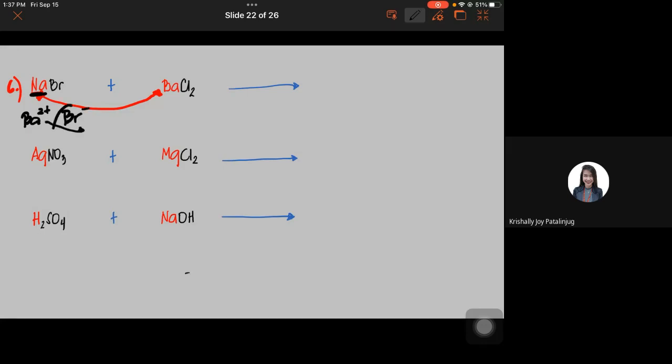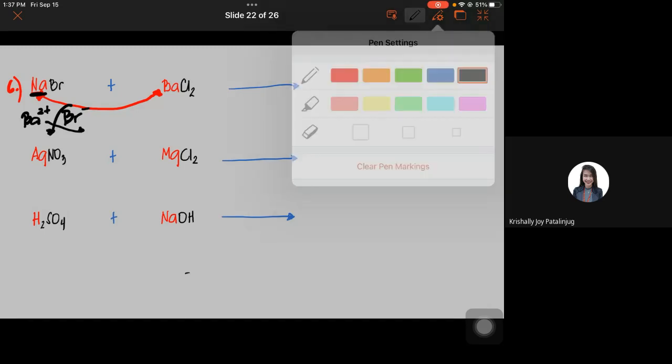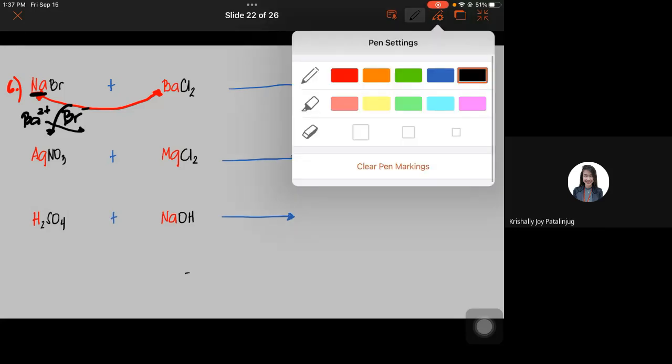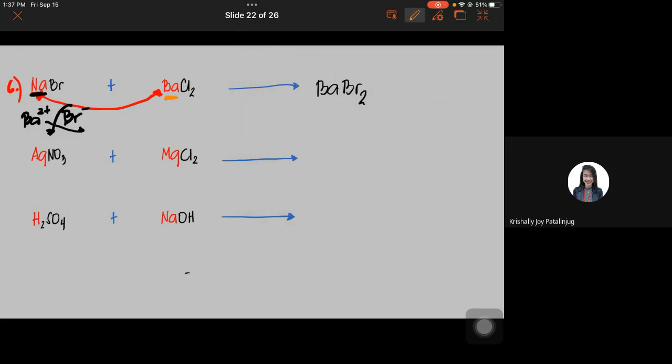So crisscross method, you produce one product which is barium bromide, BaBr2. The other product, instead of barium chloride, so diba, you switch the sodium and barium position. You have now sodium ion followed by chloride ion. So the other product is sodium chloride.